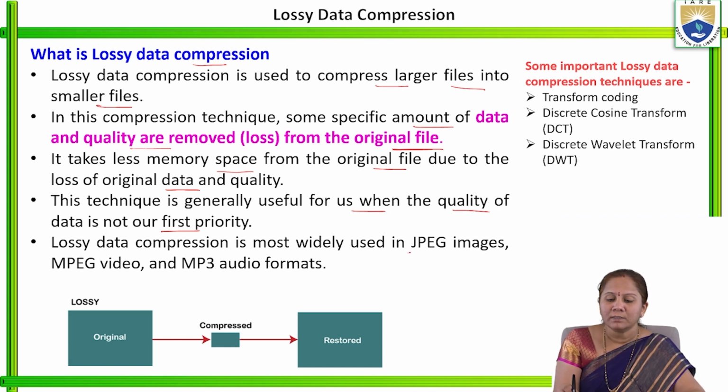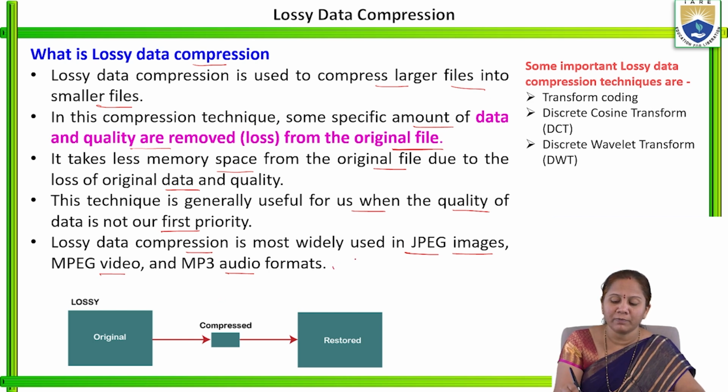This lossy data compression technique can be used in some applications, or on files in some file formats. Now let us see the applications. It is mostly used in applications like JPEG images, MPEG video and MP3 audio formats.